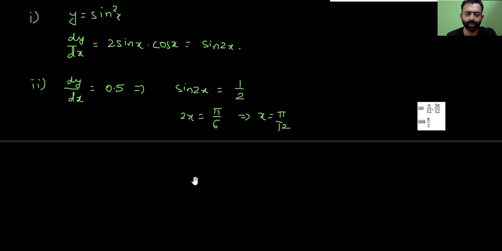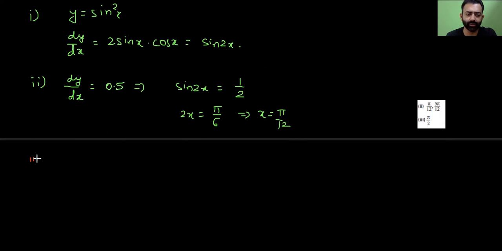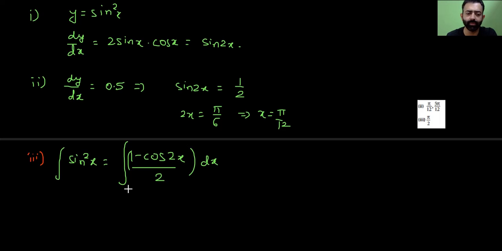So for the third part, writing sine square x as 1 minus cos 2x over 2, we have to integrate this dx between the limits 0 to pi.